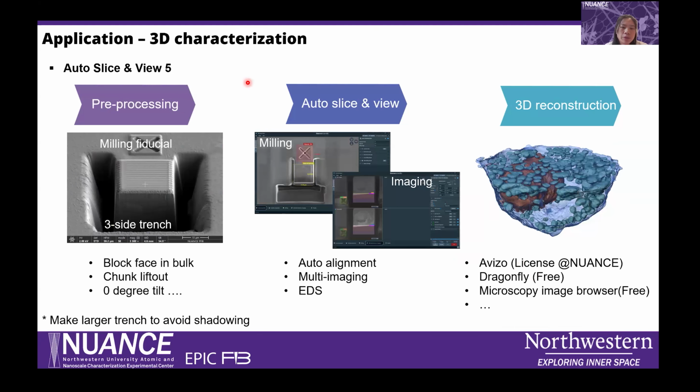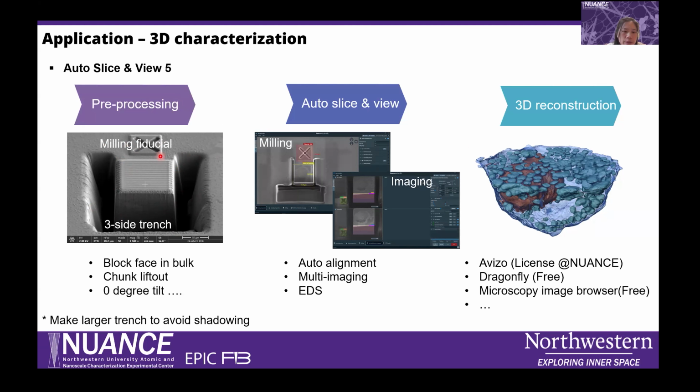Not only 2-dimensional sample preparation, we can do 3-dimensional characterization. Here it shows how to use the software Auto Slice and View 5 to do the 3D characterization. First we need to isolate the target volume by making trenches around it and fiducials for alignment.